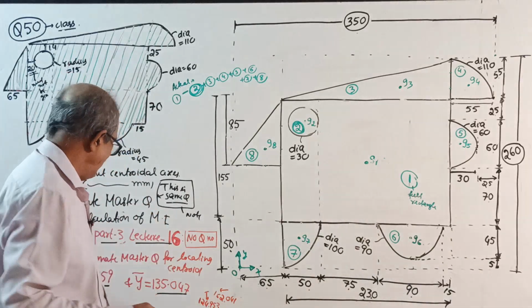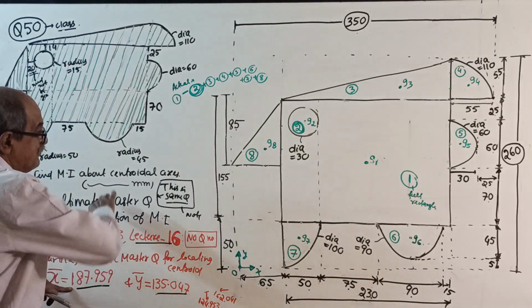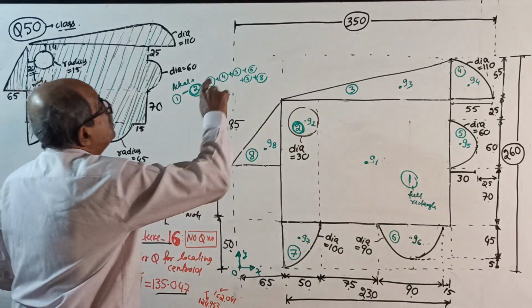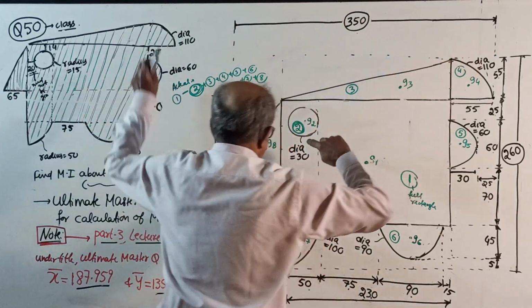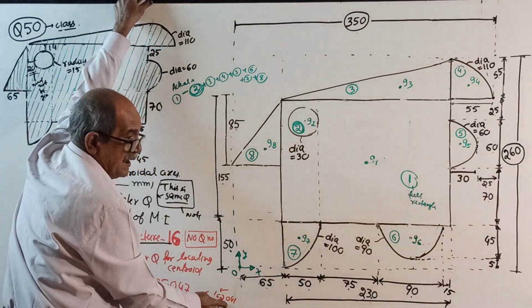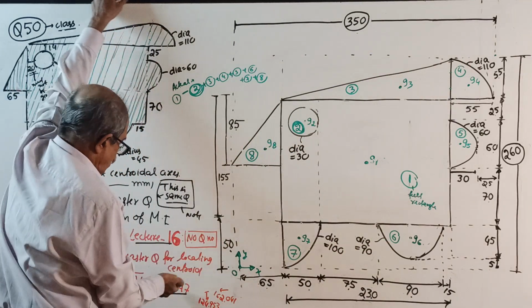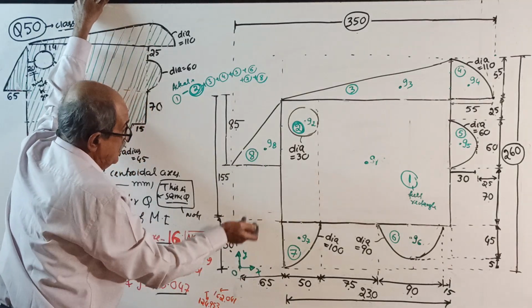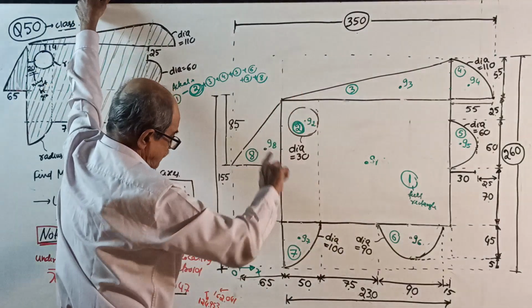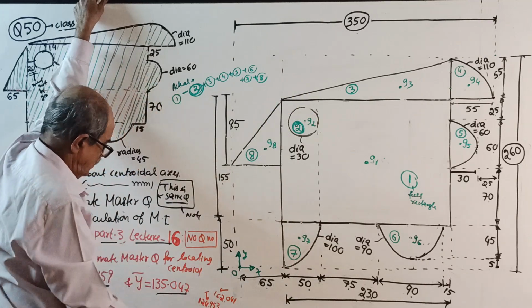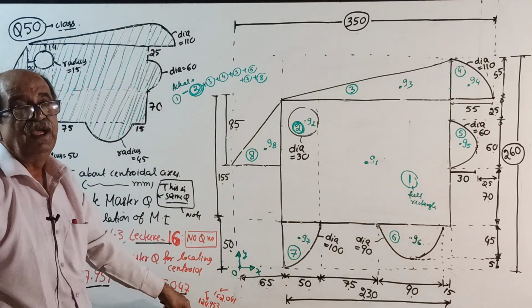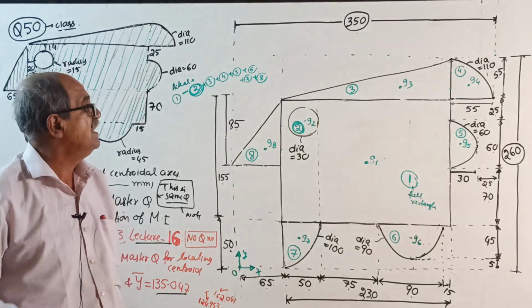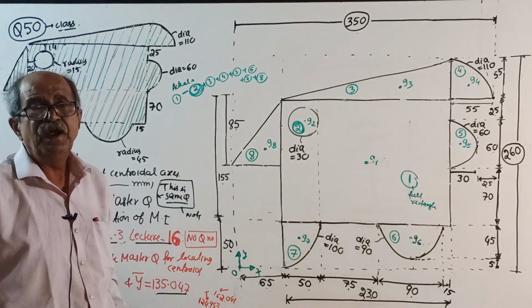Got a shock. Okay, 187.959 from this side; from the total 350, subtract, and you will get the same distance from that side. Check y bar: 135.047 from here, so from the total 260 subtract, and you will once again get 124.953. Perfectly tallying. Now we have to locate the centroid here.